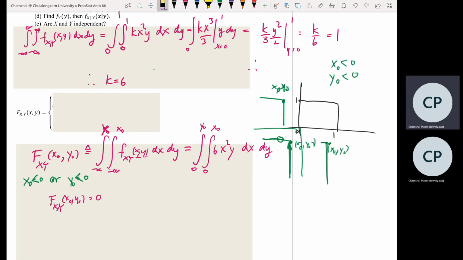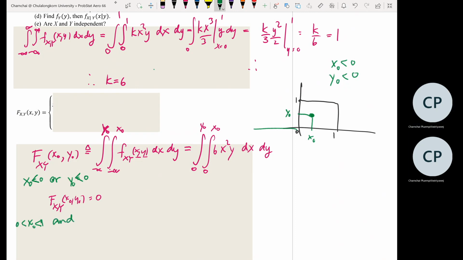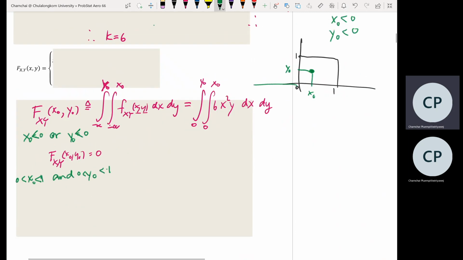All right, so next we're going to move on to x naught, y naught like this. Suppose this is our x naught and this is our y naught. If x naught is between 0 and 1, and y naught between 0 and 1, then we're going to have this one.